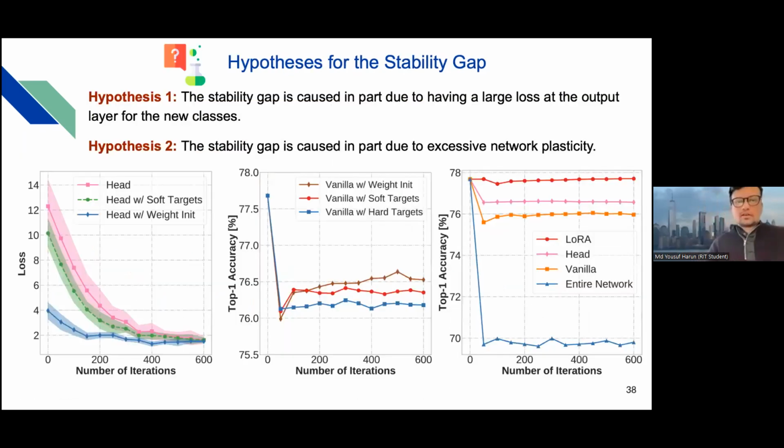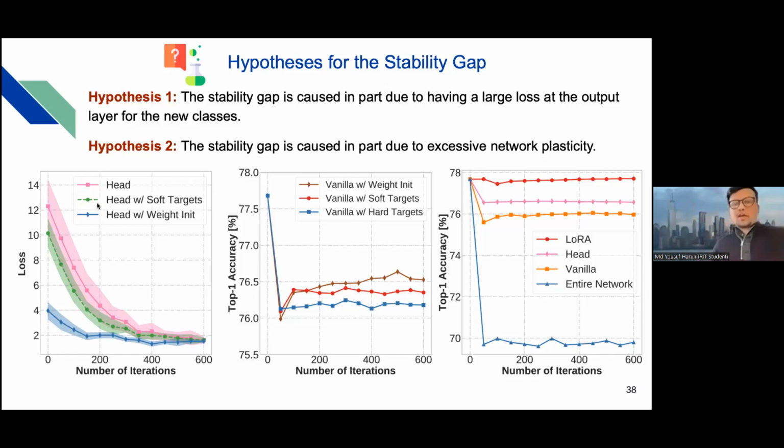So what are the hypotheses behind this work? The first one is that the stability gap is caused in part by having a large loss at the output layer. On the left figure, you can see that if we do not apply any mitigation, the loss at the output layer starts from a very high value and then gradually decreases over training iterations.